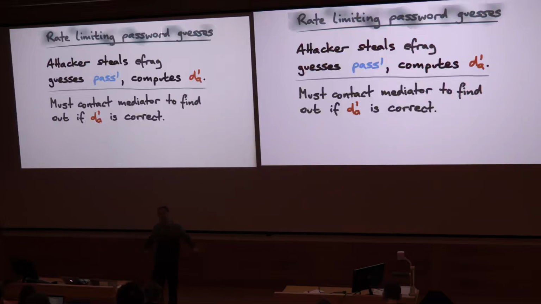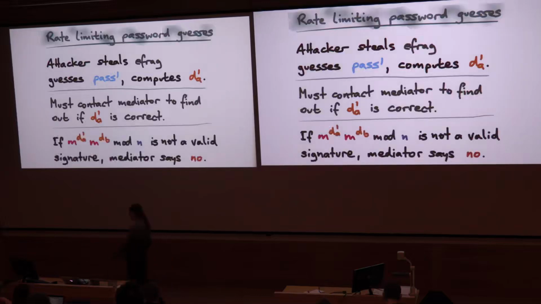And this gives the mediator an opportunity to rate limit those requests. Because if the mediator gets an incoming signature with an incorrect dA prime here, the result is not going to be a valid RSA signature, so it's just going to say no. And so the attacker then learns the fact that that particular password was incorrect, but it doesn't learn anything else that would help it break the scheme in other ways.